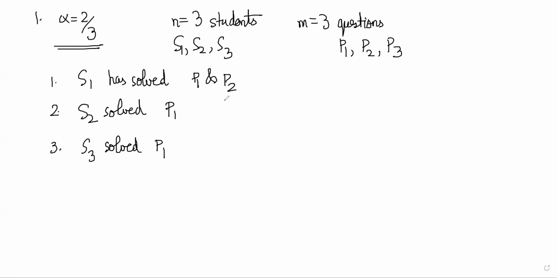If you think of this case, now alpha is 2 by 3. So passing mark is how much? Passing mark is 2 by 3 into 3. So you have to solve 2 questions to pass, right? And we can see that only S1 passes.